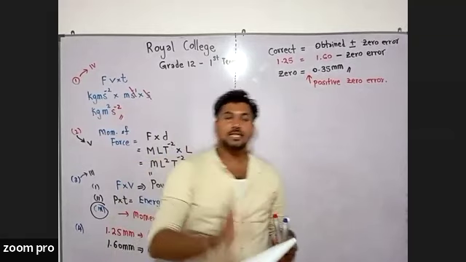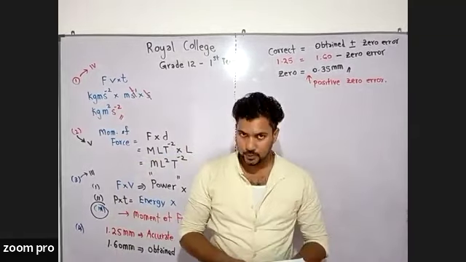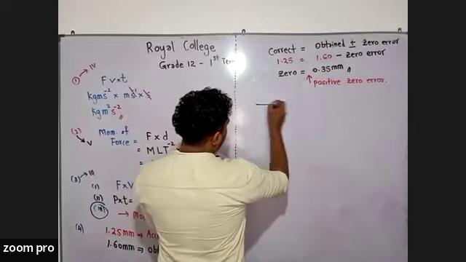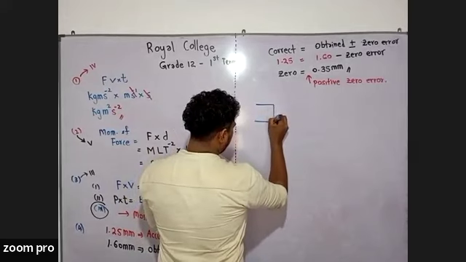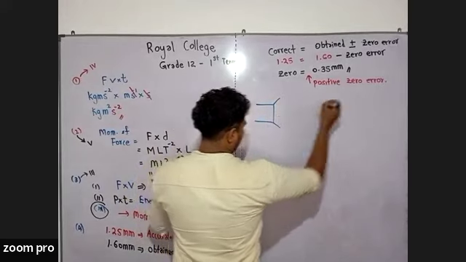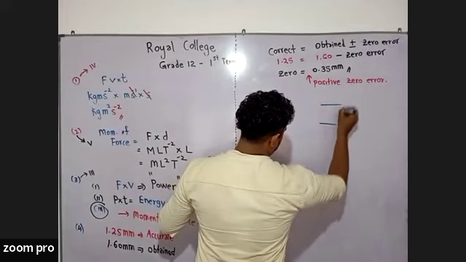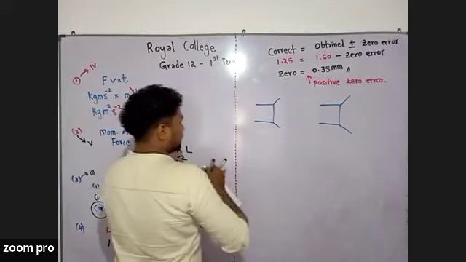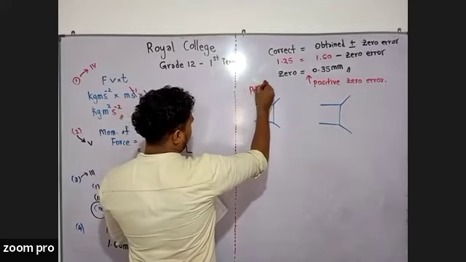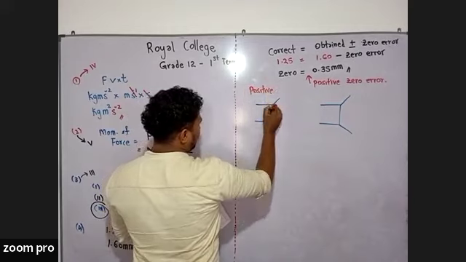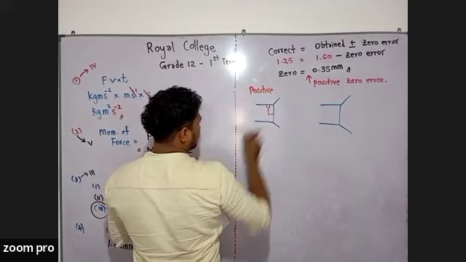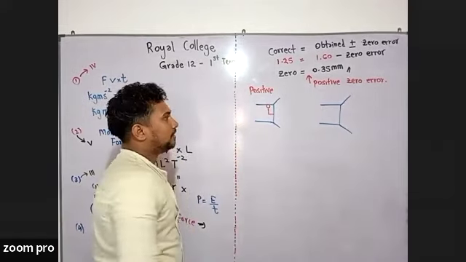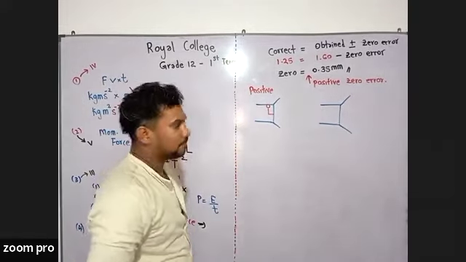So normally, guys, keep in mind that if you consider a micrometer screw gauge, if it is a positive zero error, you can observe more than the half of the zero division of the main scale, right?